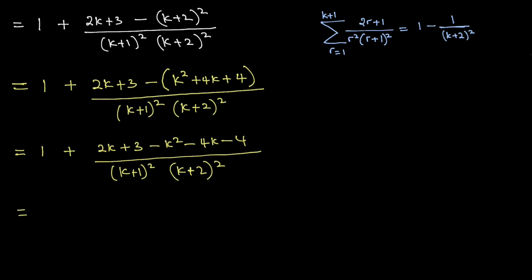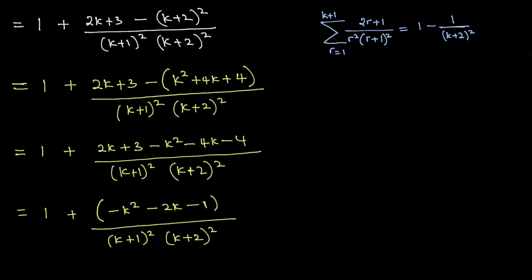So that will be equal to 1 plus, well, by simplifying that, I get minus k squared minus 2k minus 1, minus k squared minus 4k plus 2k is minus 2k, minus 4 plus 3 is minus 1, over the denominator. And now I need to take minus 1 out of this bracket to make this one plus, plus, plus.